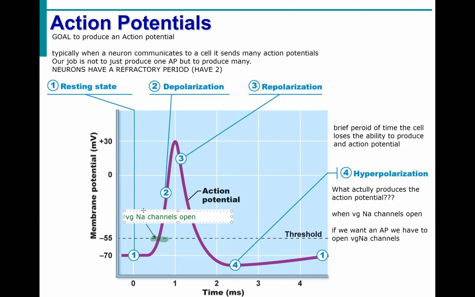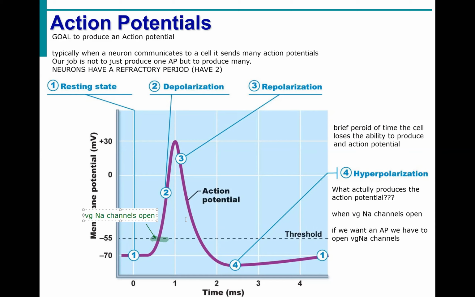All right? Now, if our voltage-gated sodium channels are open, can you open them again? Right? If you're like me in your bedroom or in your living room, or heck, go to your back door and open your back door. Once you open your back door and it's open, can you open it a second time? No. Right? So while the door is open, we can't open it a second time.